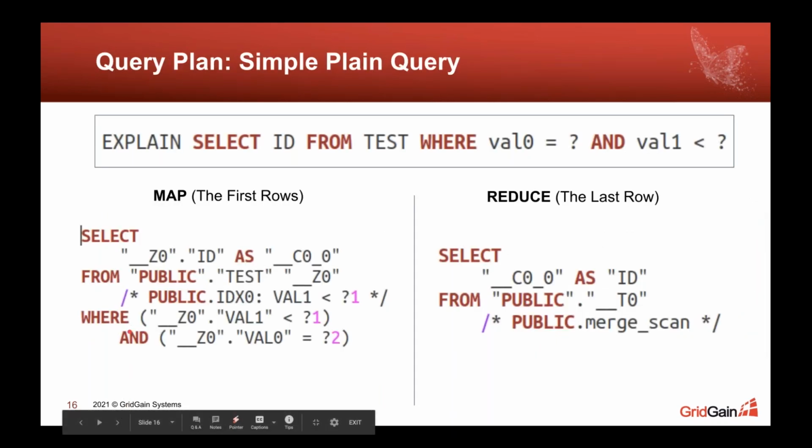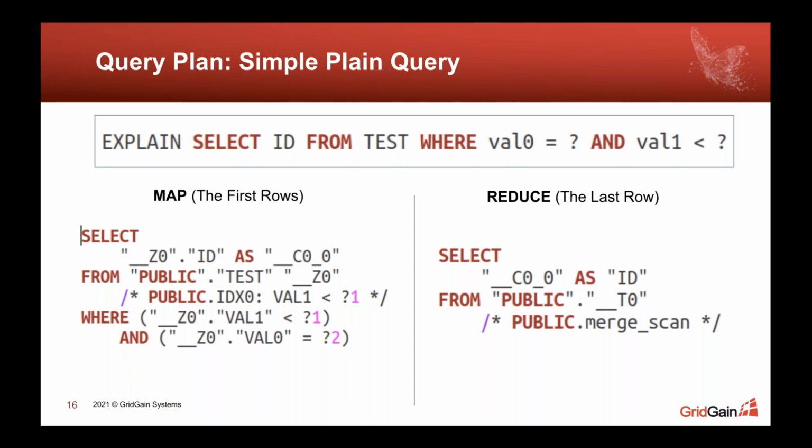I'll focus on all of them in the further slides. I'll give an example of a query plan. The aim of this example is to explain how to read Ignite execution plans. To get a plan, you just need to add the explain prefix to a query. You'll get a result set with multiple rows.